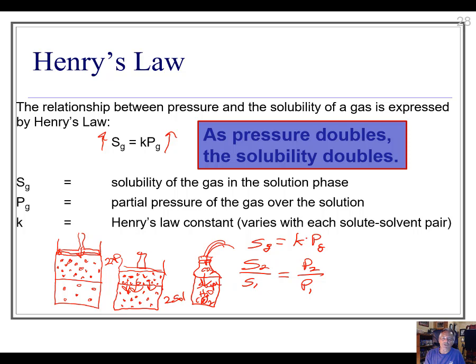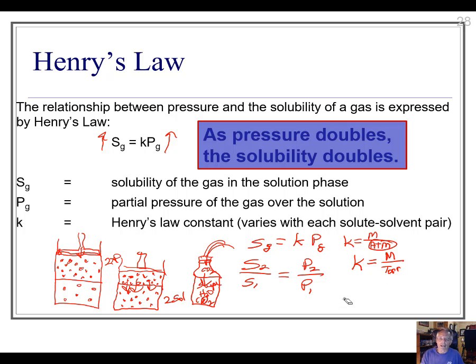If you are given a Henry's law constant, the units on the Henry's law constant will be molarity per atmosphere, and the units on pressure can be in atmospheres, so you could have molarity per torr. It could be molarity per millimeters of mercury.